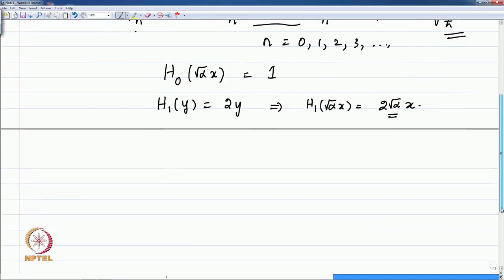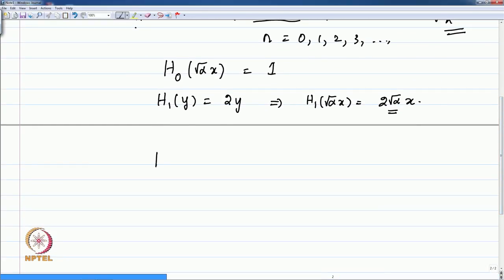What is the second Hermite polynomial, H 2 of root alpha x? You remember that was 4y square minus 2, therefore it becomes 4 alpha x square minus 2.